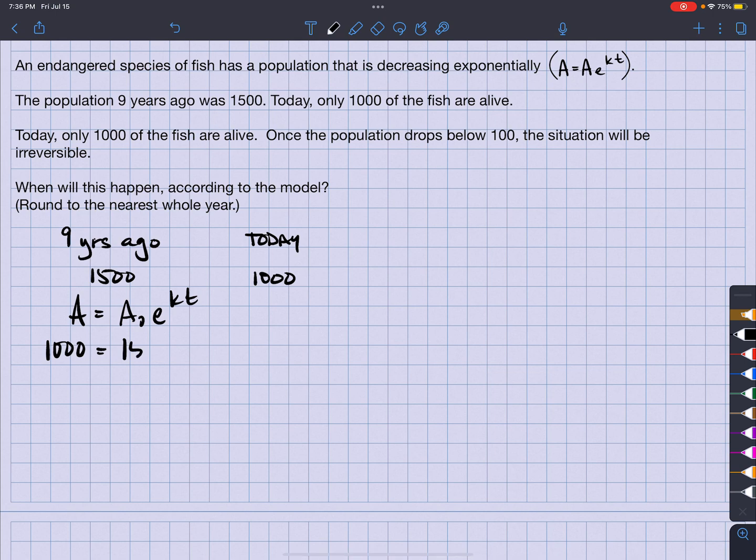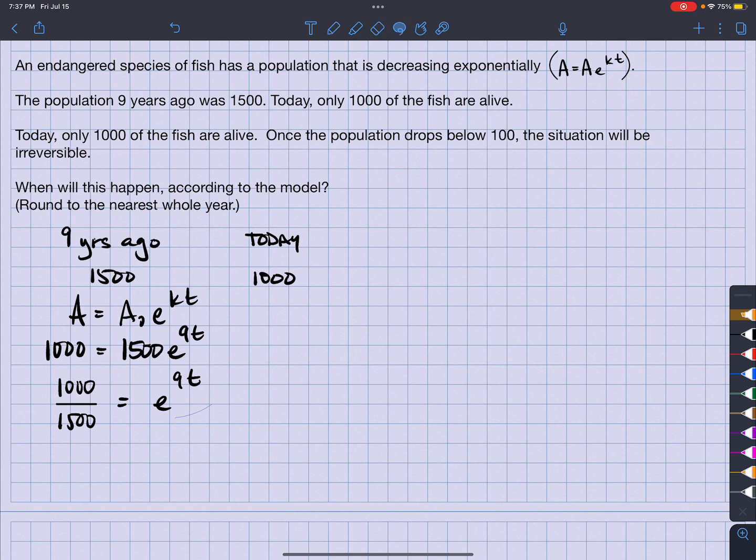But it started off at 1,500 e to the k times t, and the t was 9 years ago, so it's going to be 9t. I would divide off the 1,500. So I'm going to have 1,000 divided by 1,500, and that's going to equal e to the 9t.